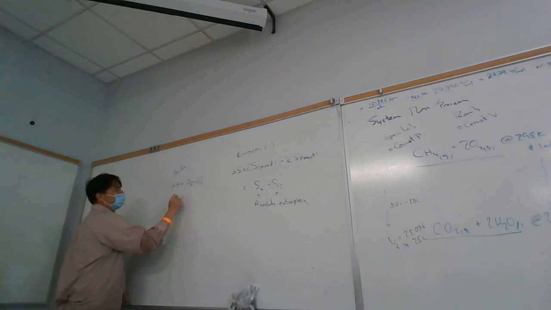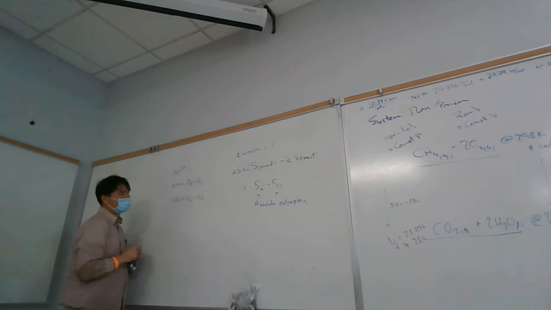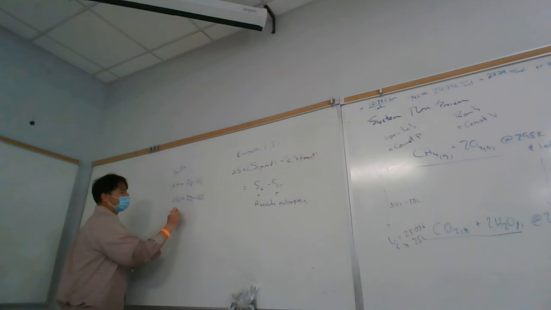Delta U is also U final minus U initial. And for the same reason, it's too hard to figure out the absolute energies. So we use other means. And so what are the other means? For delta U, delta U is equal to Q plus W. Q is the heat, W is the work. There's different kinds of work too. There's not just PV work.